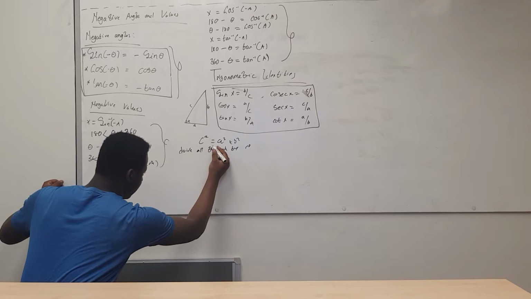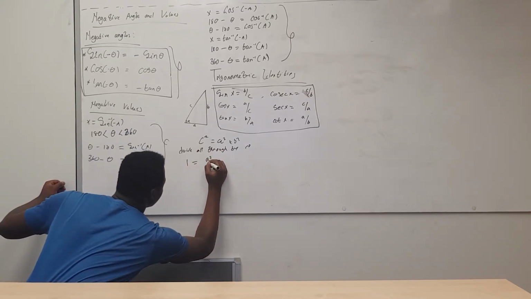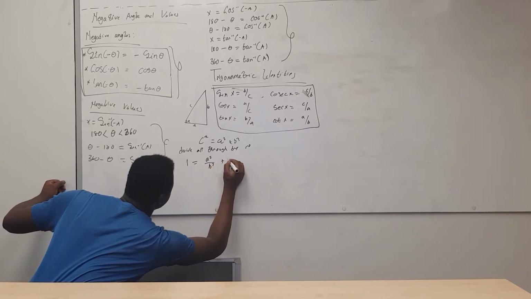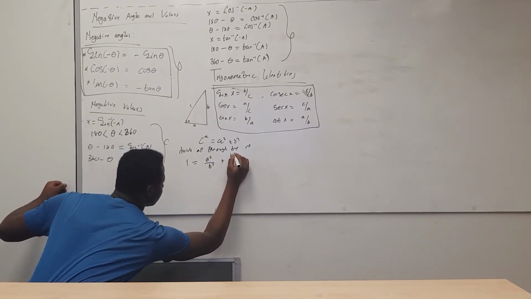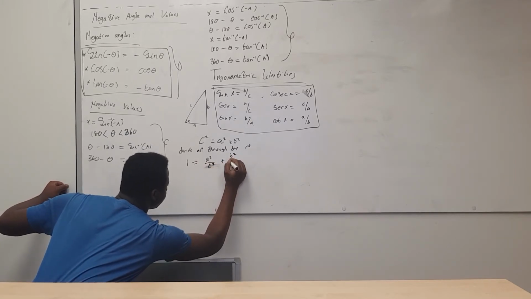That will give you 1 is equal to a squared divided by c squared plus b squared divided by c squared.